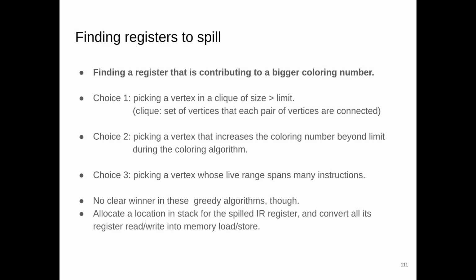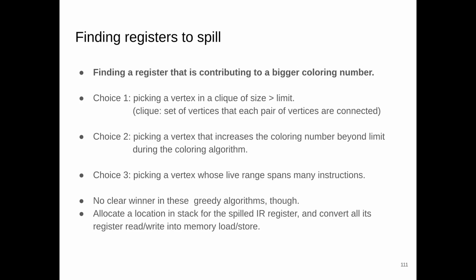In particular, if there's a clique whose size is bigger than the number of architecture registers, then it is going to be a pain. And it is obvious that some of the vertices should be mapped to stack instead of registers. And as a result, pick just one. Pick a vertex inside the clique of size bigger than the number of architecture registers, and it is going to be spilled.